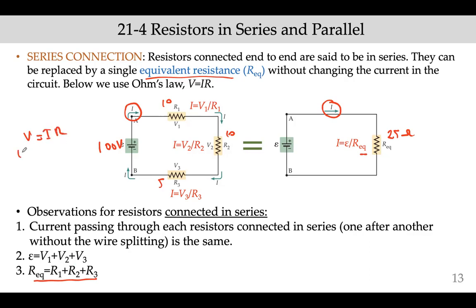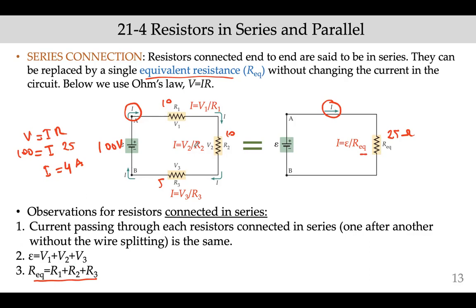V is 100, I is the current, and R is the equivalent resistance, 25. From here you find the current I to be 4 amperes. This formula for equivalent resistance will be useful, as you will see in the following slides.